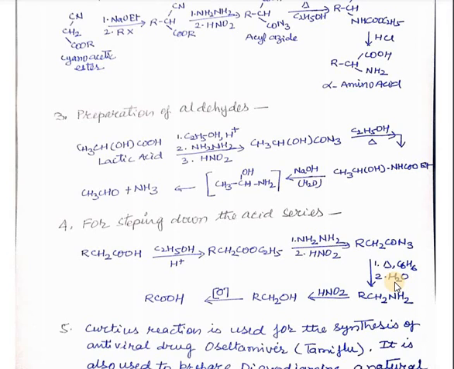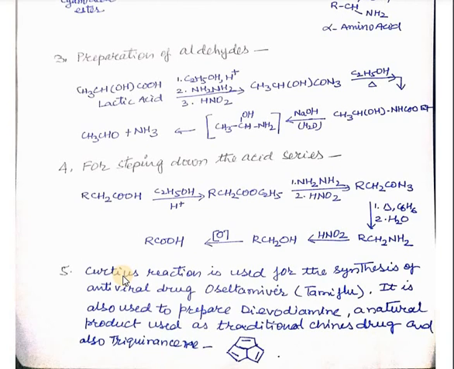So this is the fourth application of the Curtius reaction, stepping down an acid series. We obtain an acid which has one carbon less than the parent acid.